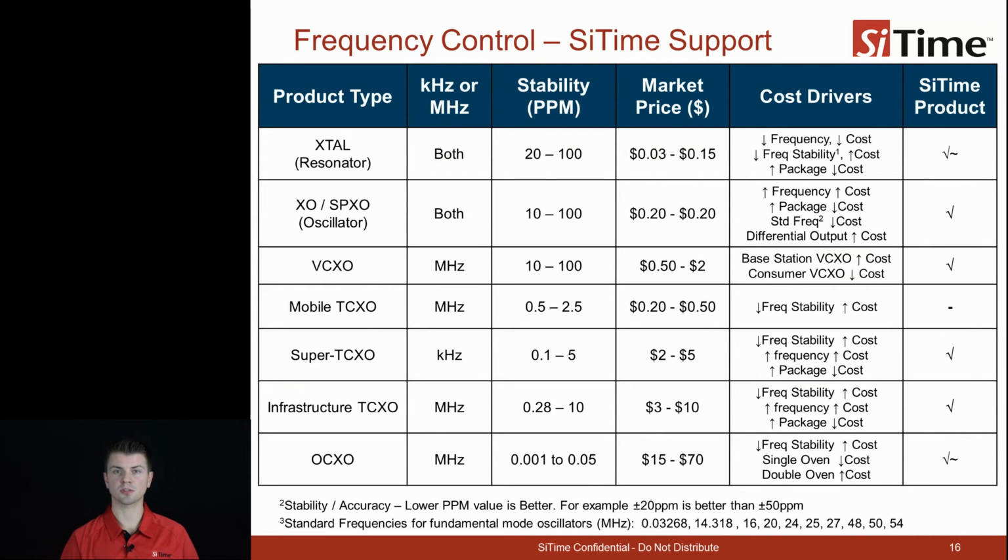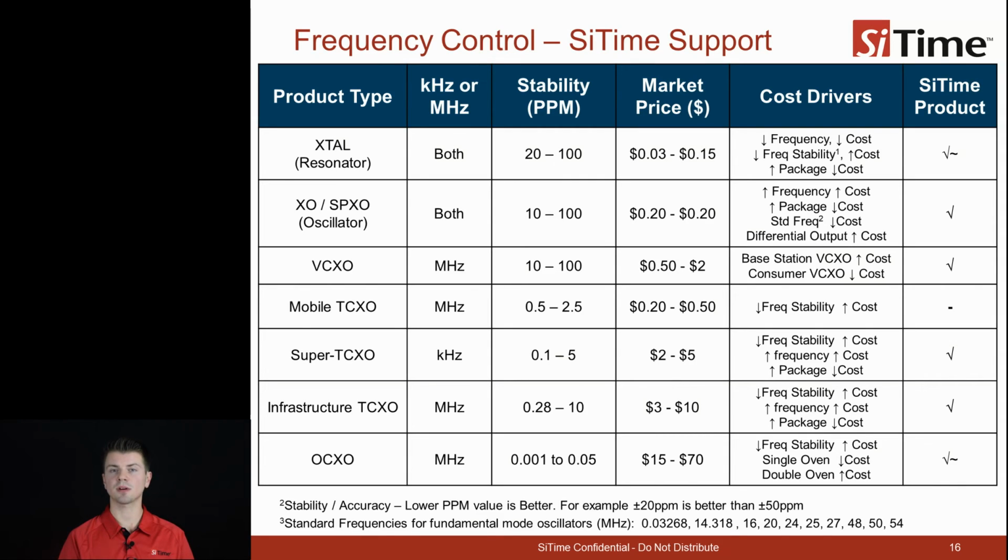Quartz crystals and quartz resonators only cover certain frequency ranges. Standard frequencies usually cost less because they are higher volume and therefore achieve greater economy of scale. When considering package size, the cost usually increases with smaller package size because smaller packages require smaller crystal blanks, and smaller crystal blanks are more expensive.